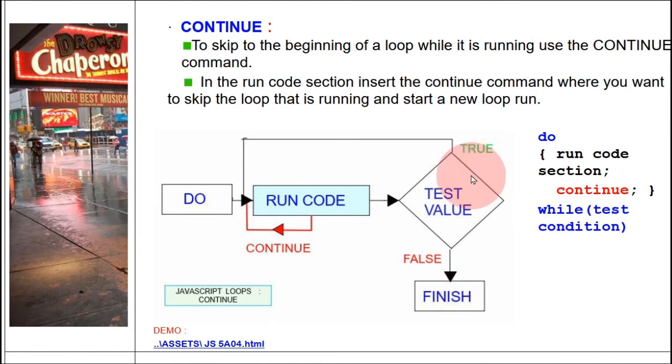So that's the value of x that we're testing, and in the run code section we can put a continue command, and say halfway through this, continue, which means don't run the rest of this code, just go straight to the test value and run a new loop. And the way that's written is do, run code, continue, while test.